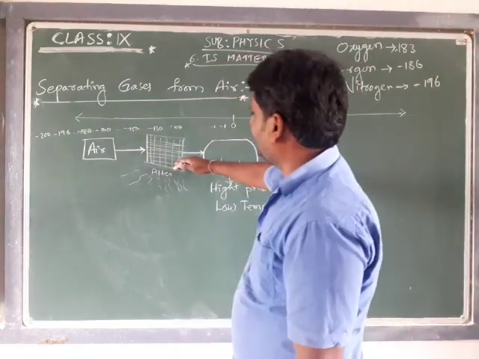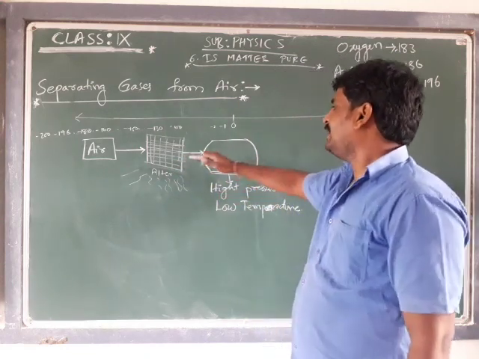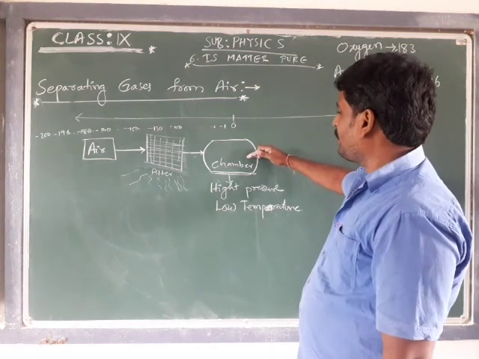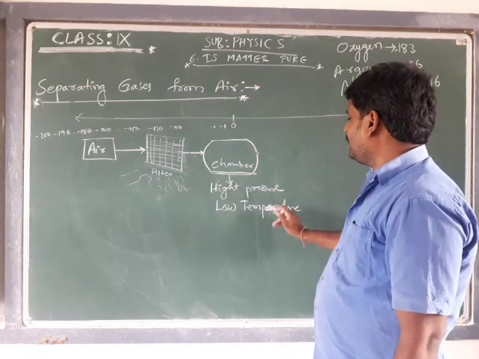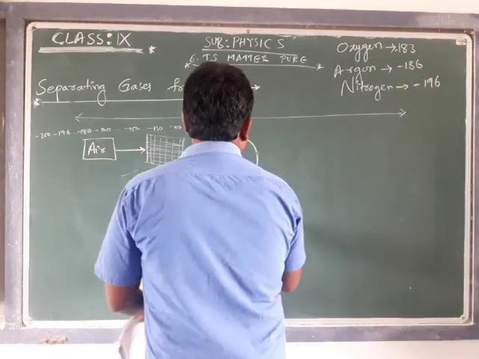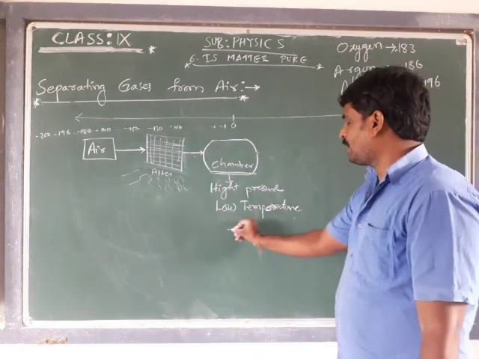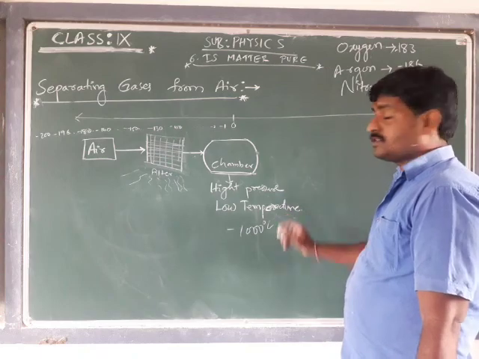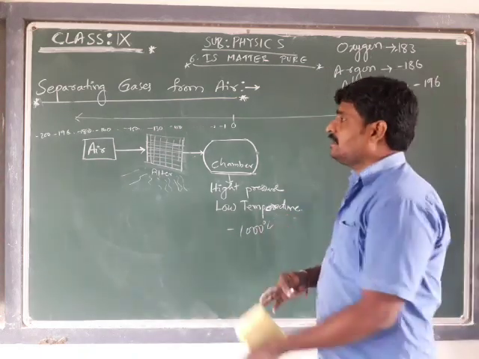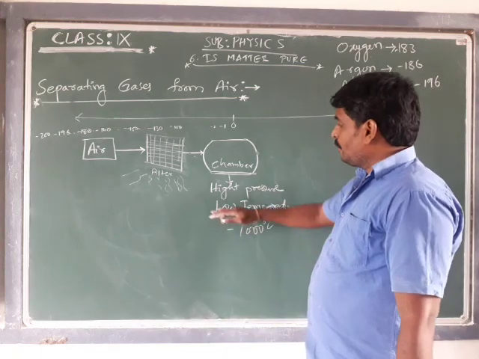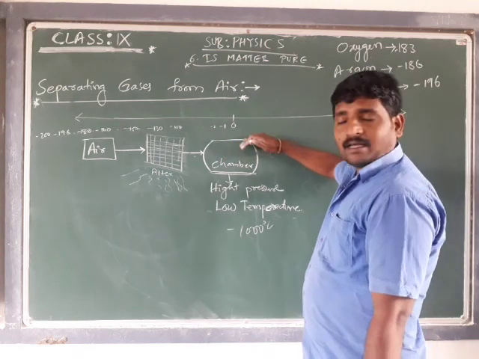Air is sent through a filter where the impurities will be dropped. That filtered air is sent through a chamber where we apply high pressure and low temperature. The temperature will be reduced to a very low value, down to around -100 or -200 degrees Celsius.